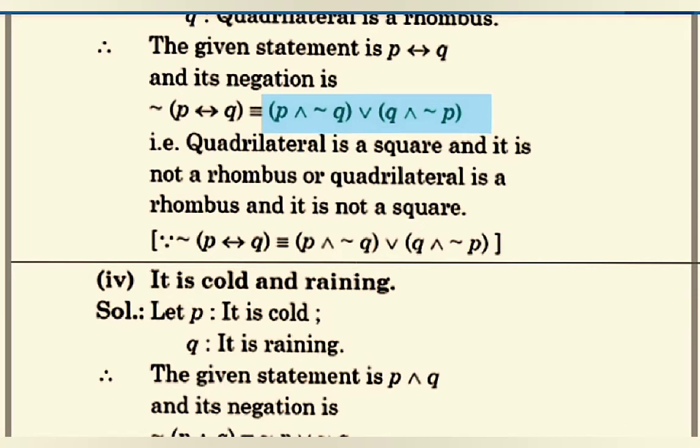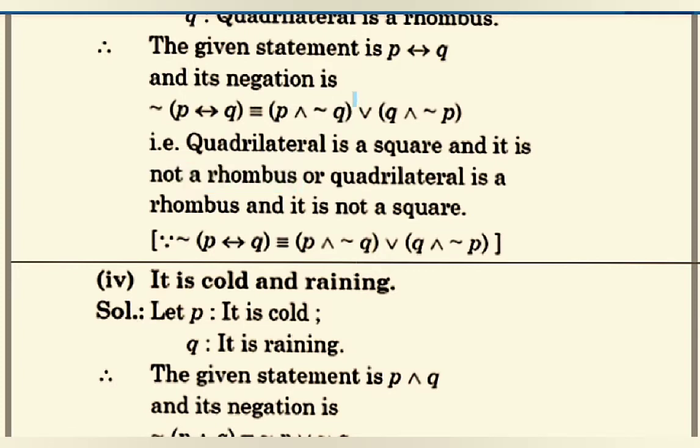and negation P. That is, first write here the P statement: quadrilateral is a square, and this "and" write here, and negation Q right here. Negation Q means it is not a rhombus.